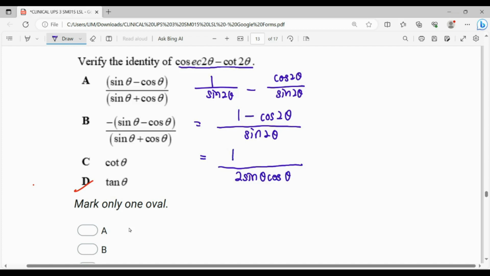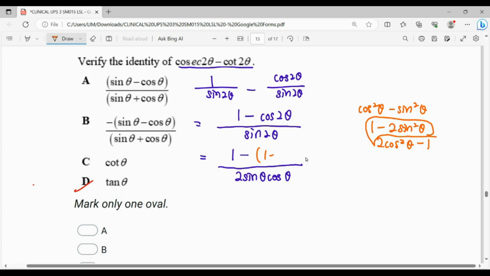And then for 1 minus cos 2 theta, we have three formulas here. One is cos square theta minus sine square theta. Another one, 1 minus 2 sine square theta. Another one, 2 cos square theta minus 1. We can see we have 1 here, and the answer is without 1, so we choose this.